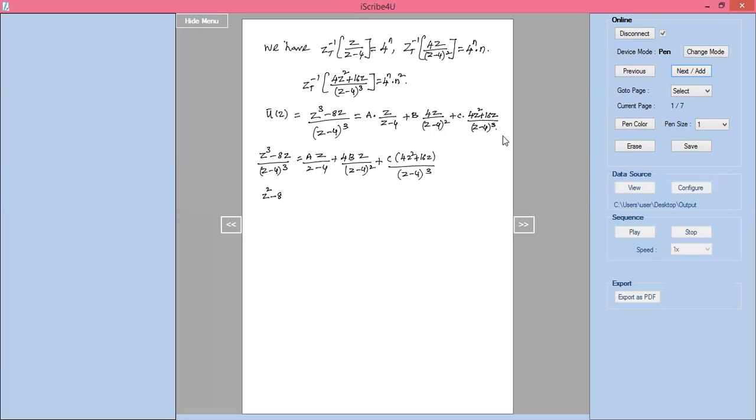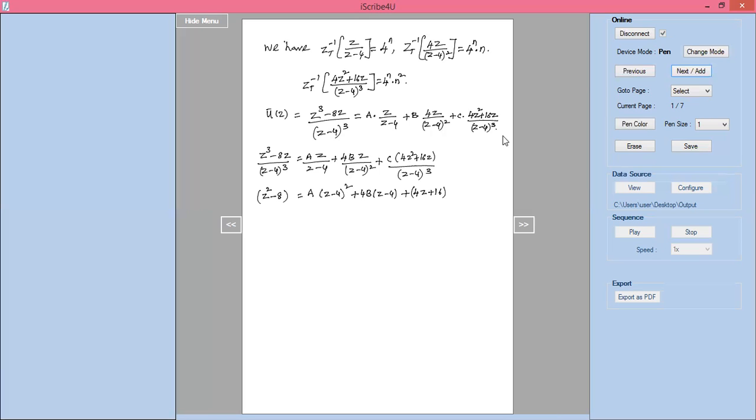Z square minus 8 equal to, if we cross multiply, we'll get a into (z minus 4) whole square plus 4b into (z minus 4) plus 4c into (4z plus 16). Since z minus 4 whole cube cancels, and we have taken z outside, we get 4z plus 16, so these are the remaining terms.